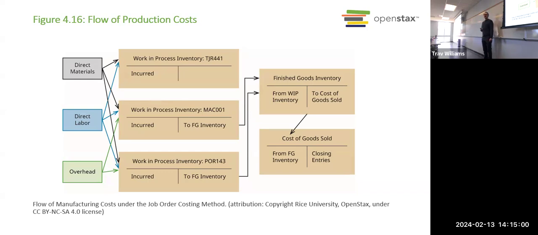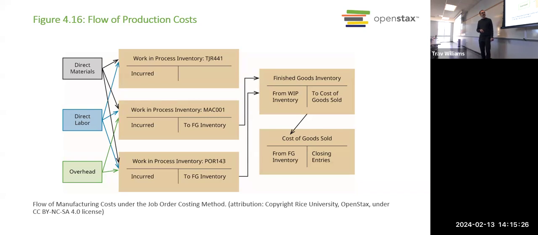Why would we close out cost of goods sold? So we can start it over at the beginning of the year. And we do that with all of the expense accounts, right? We close out revenue, we close out expenses, and we close out dividends. So since cost of goods sold is an expense account, at the end of the period we have to close it out and get it down to 0.